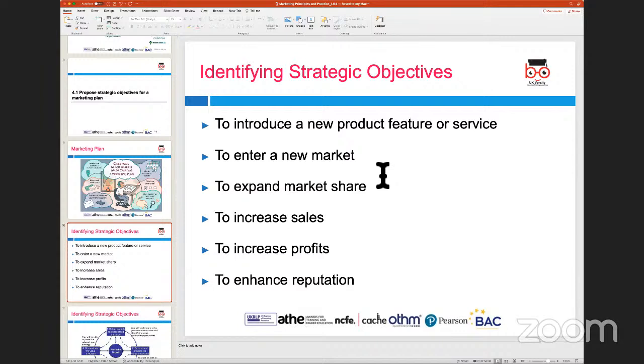Entering a new market could also mean something else. If I look at Unilever, they are a very big fast-moving consumer goods brand. If I look at just soaps as a category, there are 40 different types of soaps that the company sells. And within the soap category, each of the products is so big in terms of revenue that they have their own marketing teams and own organizations to be able to run them.